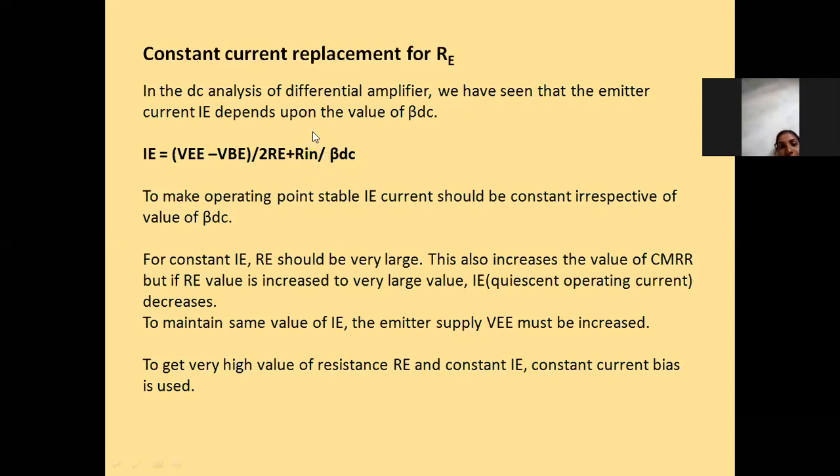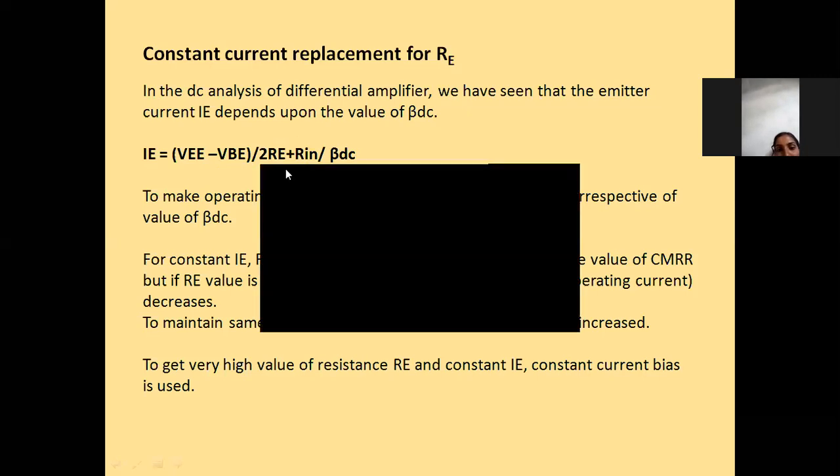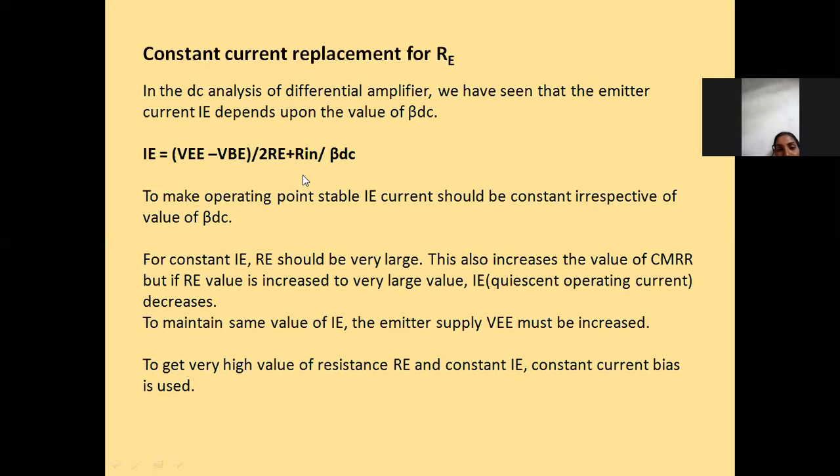RIN will be your input resistor, and 2RE is nothing but here what we are doing in differential amplifier, we are considering two transistors. So here we have considered 2RE. That means resistor of transistor Q1 and resistor of transistor Q2. Okay.